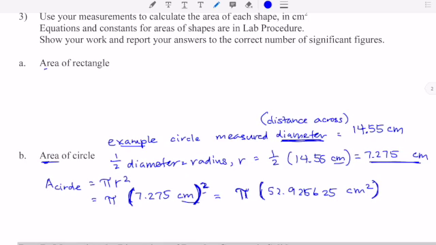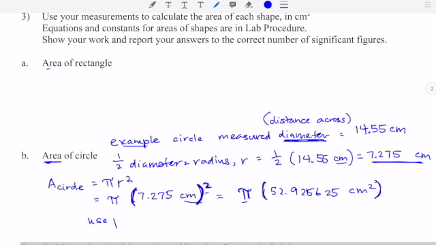You can use the pi button if you have a pi button on your calculator. Or if you don't, you can just use the number value 3.14. Okay, that's close enough for pi. So multiply 52.925625 times 3.14, or pi.